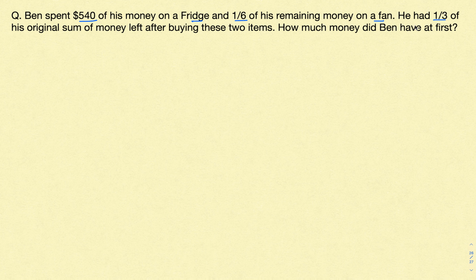Now after that he still has 1/3 of the original sum of money left. Means even after buying these two items, the fridge and the fan, he's still left with 1/3 of the total or original amount of money.